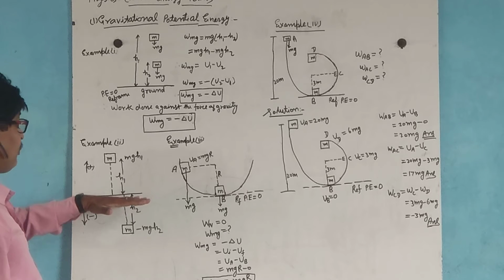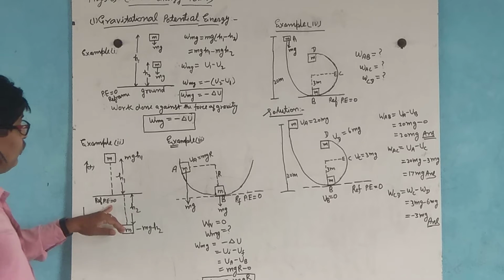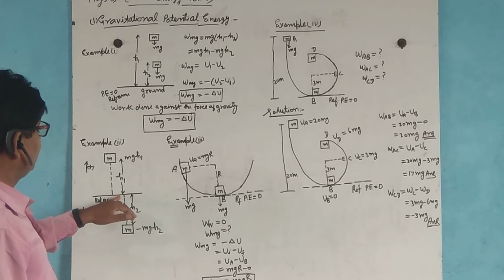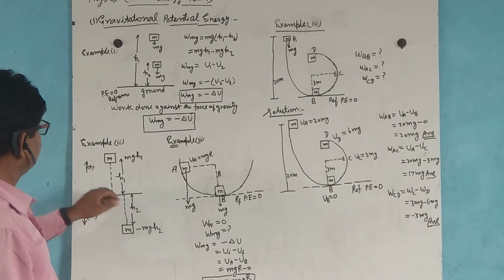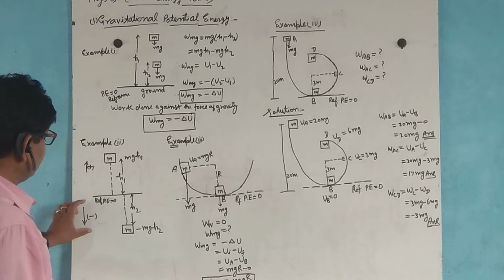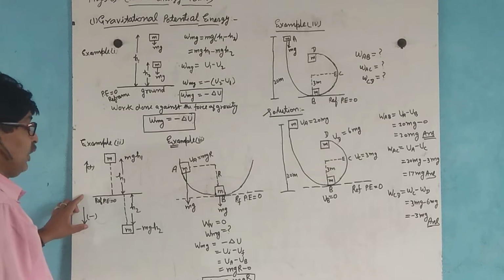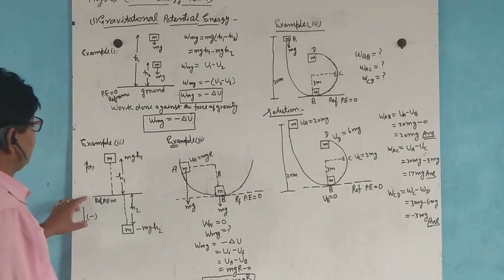Example second. Here this is the surface, the reference surface. Here potential energy is mgh, h is 0, so the potential energy is 0. In this case we take the upward direction as positive and the downward direction as negative. Now we apply coordinate geometry.